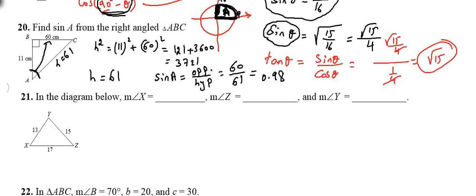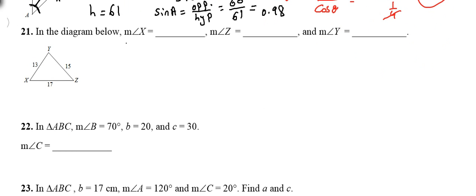In the diagram below, we need to find the measure of angle X, the measure of angle Z, and the measure of angle Y. That's nice. We have the three sides. When we have the three sides of any triangle and we need to know the measure of an angle, this means we use the cosine rule.